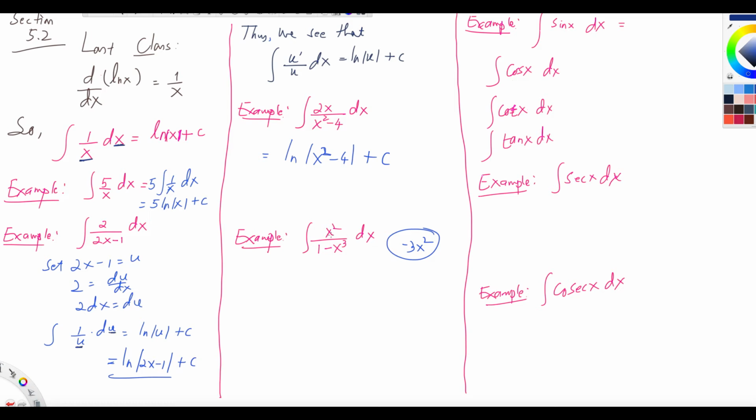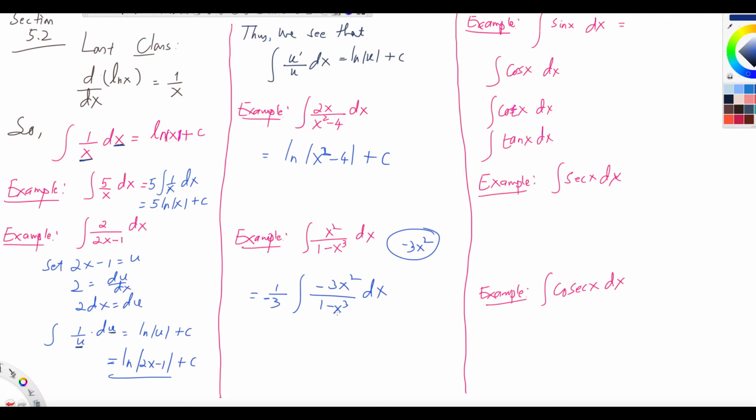But since there is just a constant missing for the derivative, what you can write here is negative 1 over 3, and then negative 3x squared over 1 minus x cubed. You can write that way, right? You see that? And then dx.